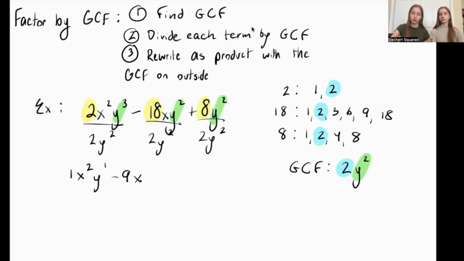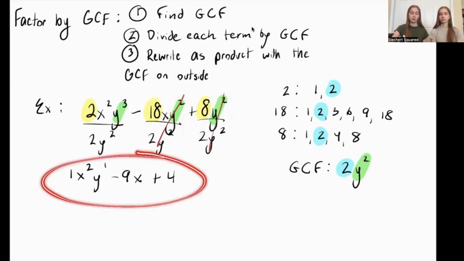What a lot of people will do is if they see it in a problem here, they will say that the y squareds cancel out and cross them out to get rid of them. Those all have the same meaning, so whichever way makes the most sense to you. And then keep going. We have 8 divided by 2, and that's going to get us that positive 4. And then, okay, again, I have a y squared on top and bottom, so those are going to cancel out and leave us with no y's.